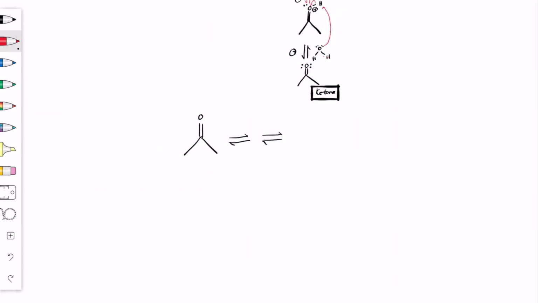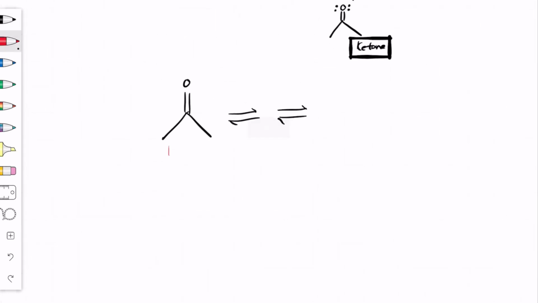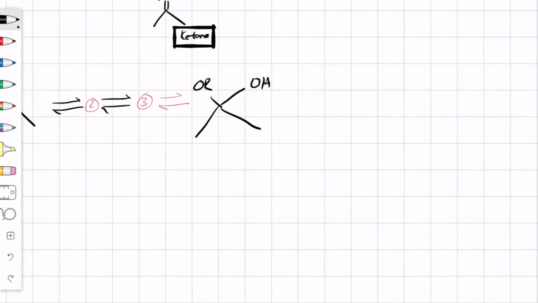So this is number 1. And you have number 2, 3, 4 intermediates. So the 4th intermediate here, you end up getting hemiacetal, OH on one side and OR on the other side.